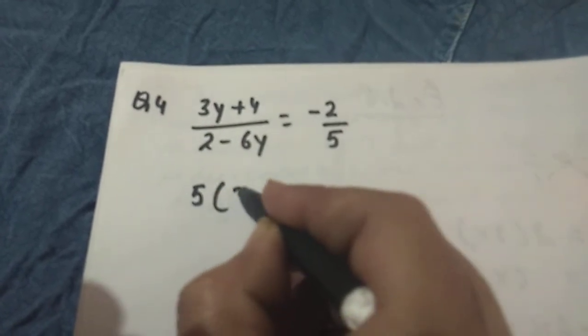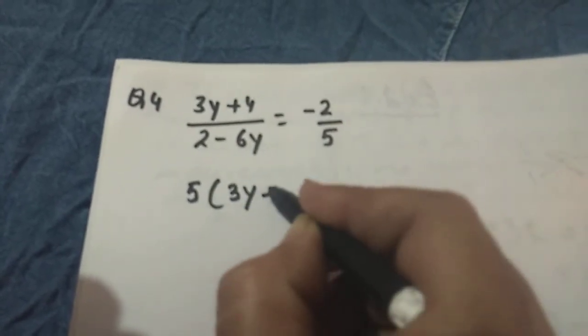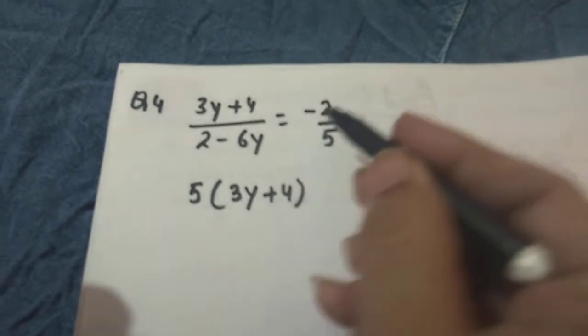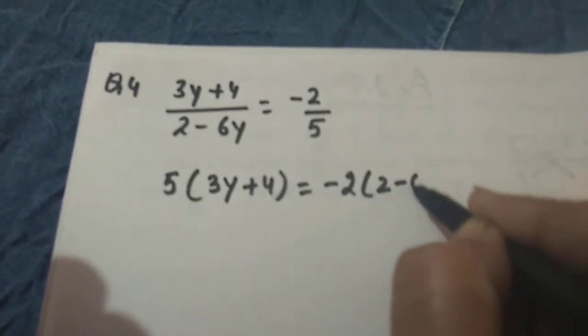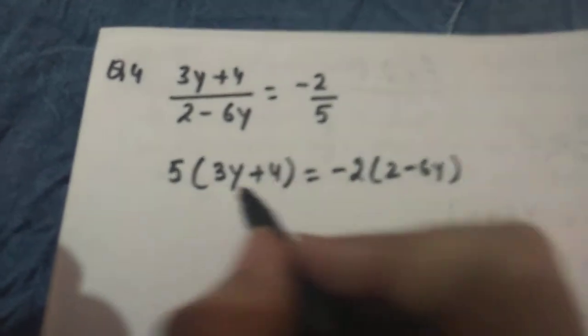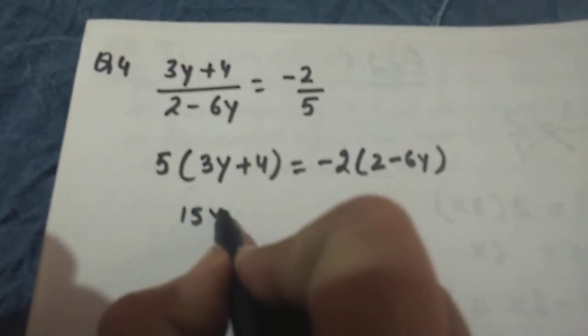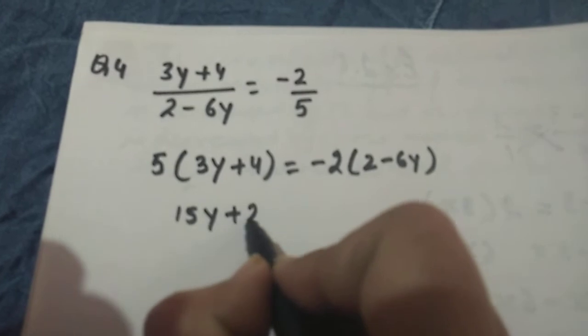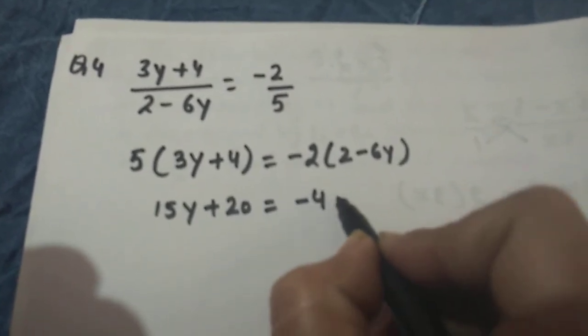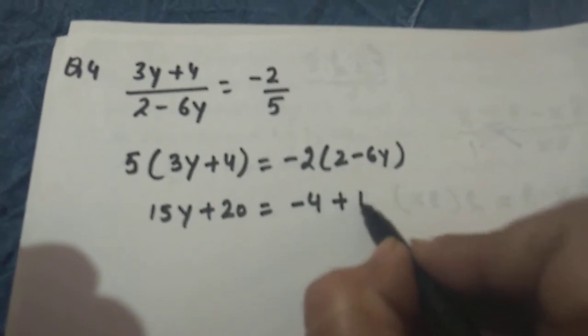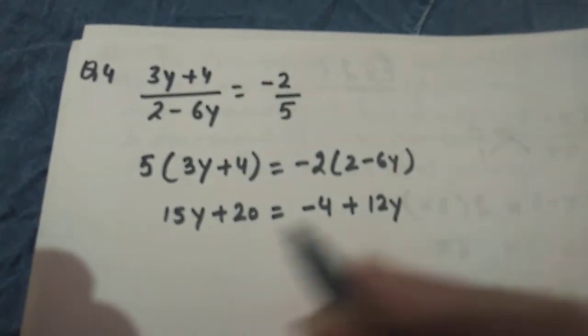So 5 will be multiplied by 3y plus 4, and this side minus 2 times (2 minus 6y). Now 15y plus 20 is equal to minus 4 plus 12y.